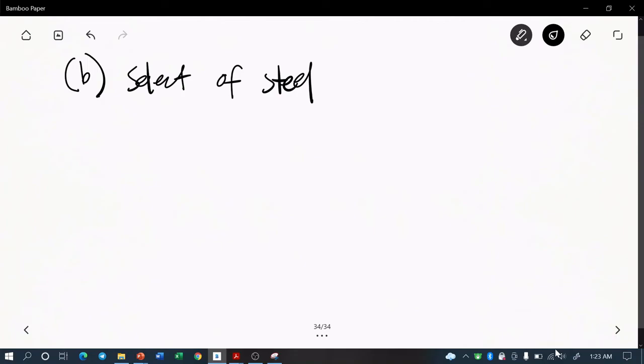Okay, so in this requirement, we're going to select a steel with the yield strength, the S sub y, which is approximately equal to the computed value, and which is based on several factors.